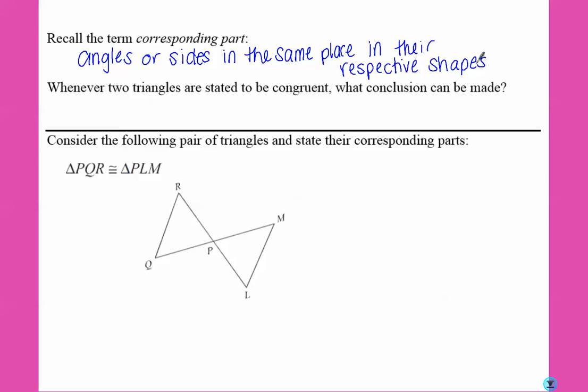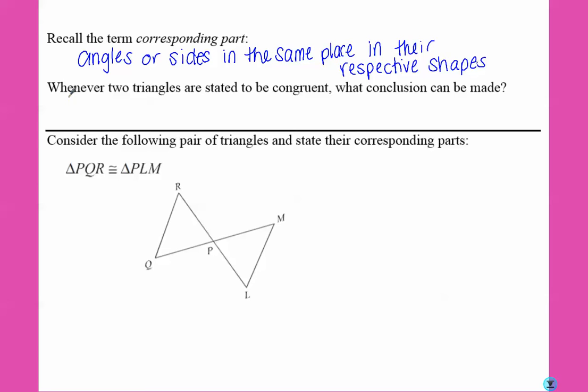Because we've seen corresponding angles in figures with parallel lines and transversals, we've also seen corresponding angles and sides in triangles. So, whenever two triangles are stated to be congruent, what conclusion can we make?